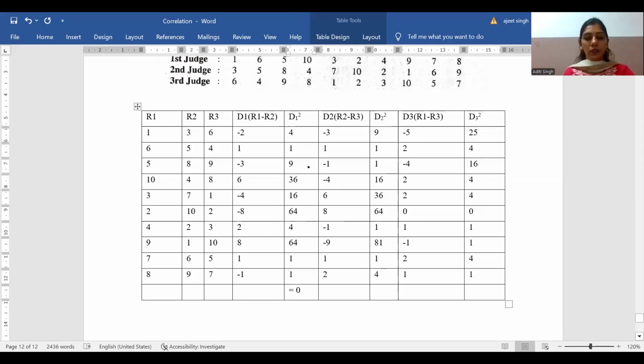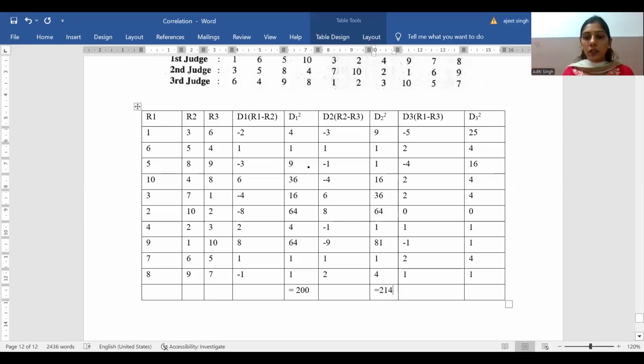and it is 200. Okay. Now let's calculate D2 square: 9 plus 2 plus 16, 36, 64 plus 81 plus 6. It's 214.